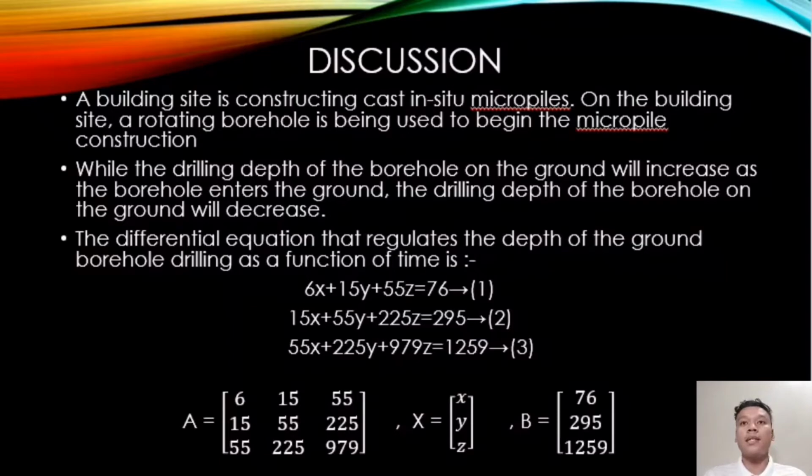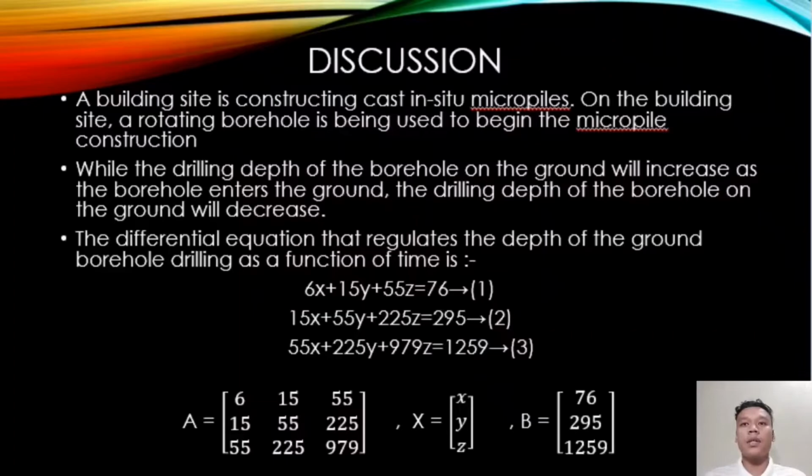Discussion. A building site is constructing cast in situ micropiles. On the building site, a rotating borehole is being used to begin the micropile construction. While the drilling depth of the borehole on the ground will increase as the borehole enters the ground, the drilling depth of the borehole on the ground will decrease.